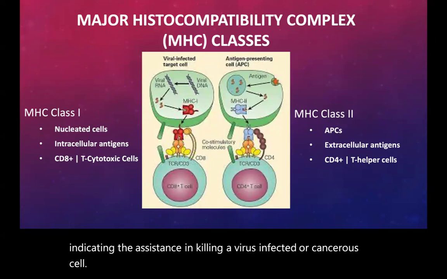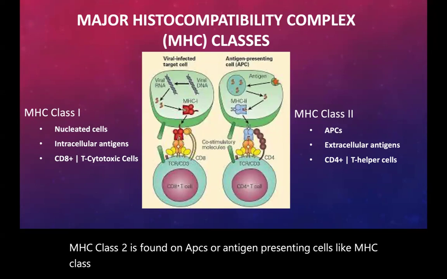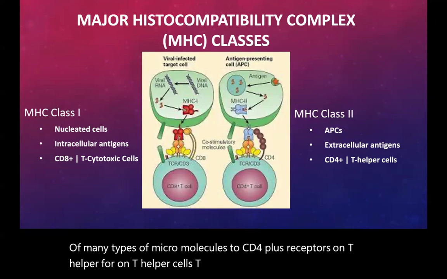MHC class 2 is found on APCs, or antigen-presenting cells, like dendritic cells. MHC class 2 presents a variety of extracellular antigens of many types of macromolecules to CD4 plus receptors on T helper cells. T helper cells will then coordinate an immune response.